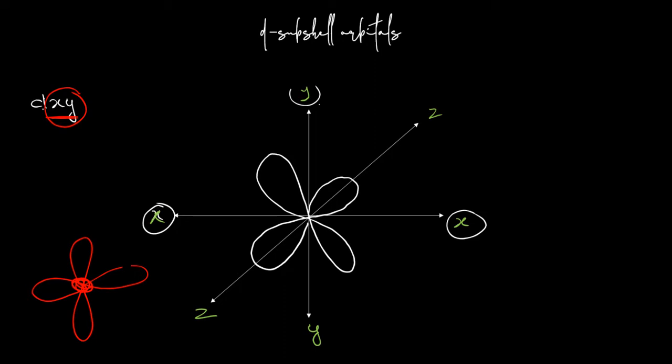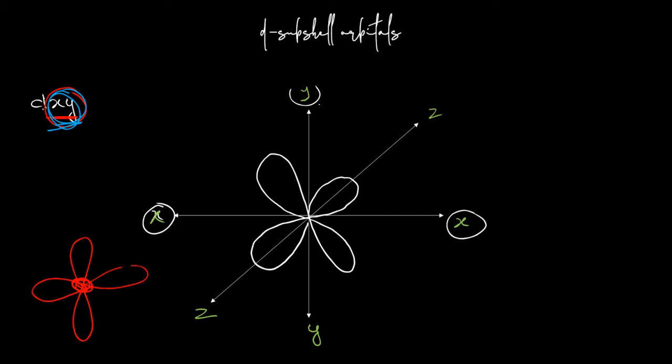What the examiner is looking for is if you can identify the orientation given here and then draw it in the respective place, keeping in mind wherever this x or this y or this z is. If you see an xy, that means you locate the x, you locate the y, and then in between you draw the lobe. Again, locate the x, locate the y, and you draw the lobe. Now notice something over here.